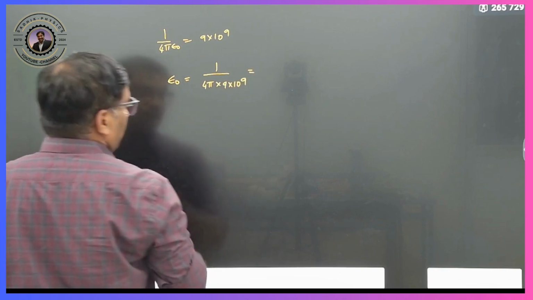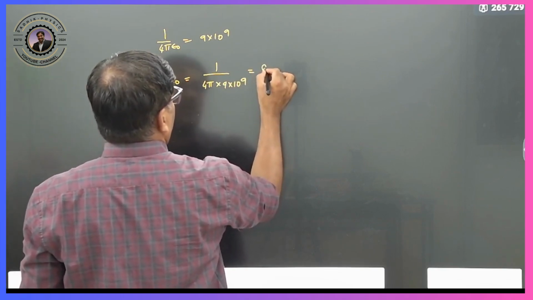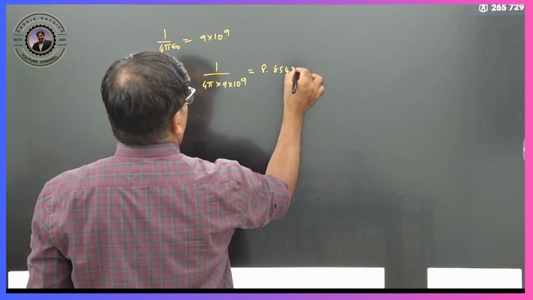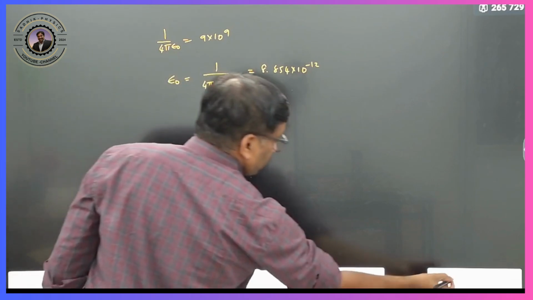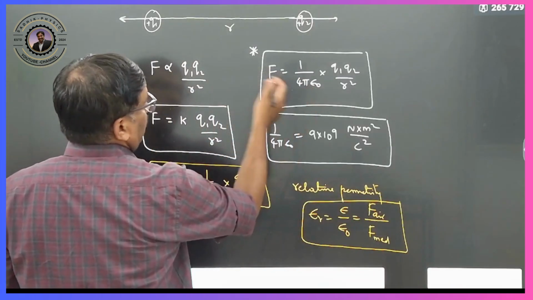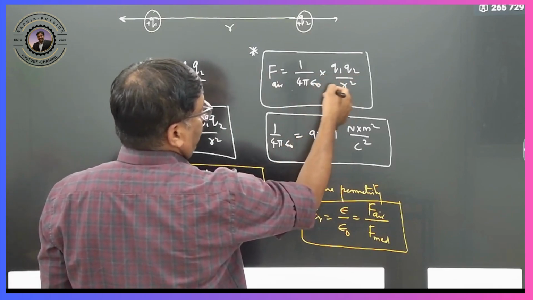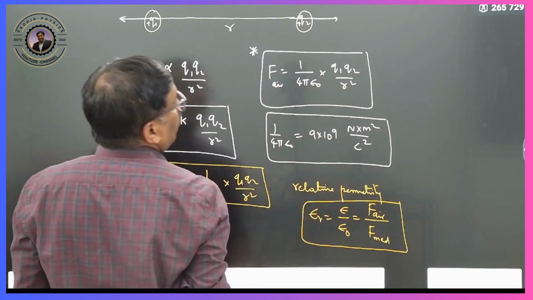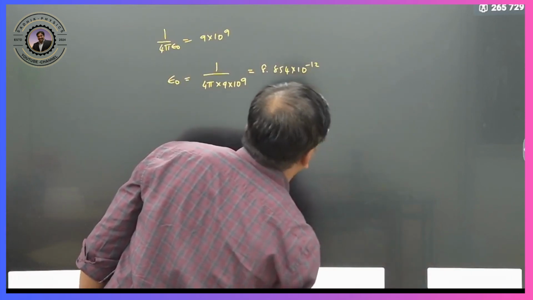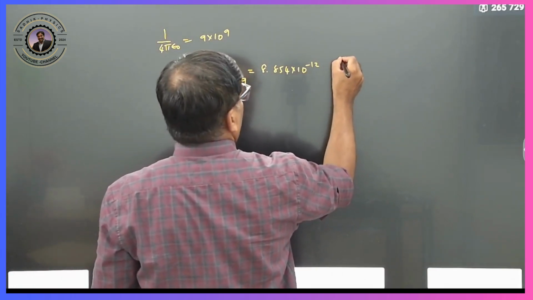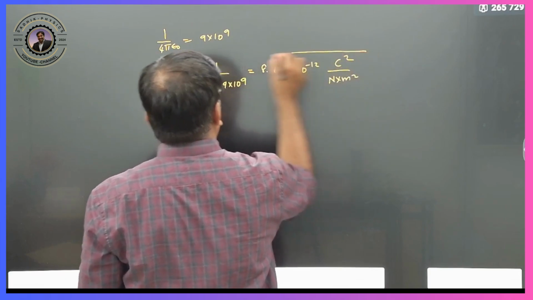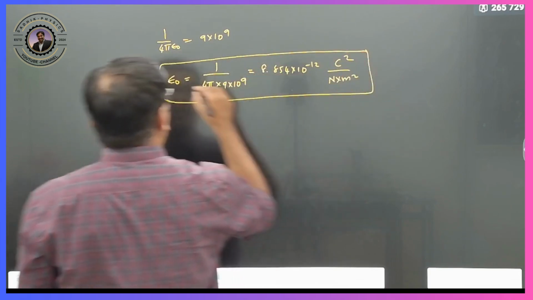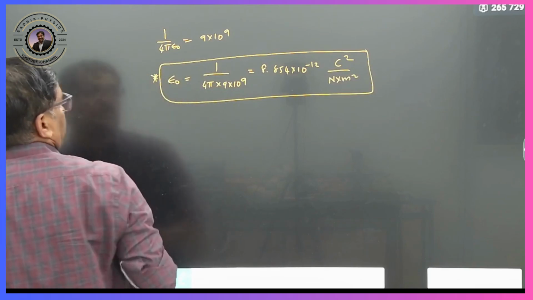If you calculate this, you will get 8.854 into 10 to the power of minus 12. What is the unit? Coulomb square by Newton into meter square. This is the absolute permittivity of free space.